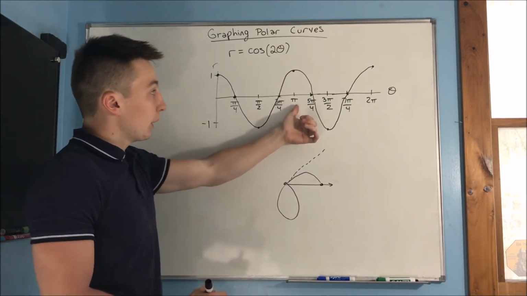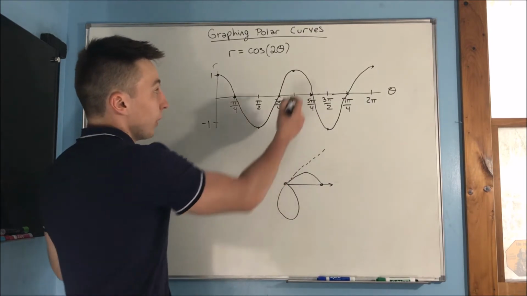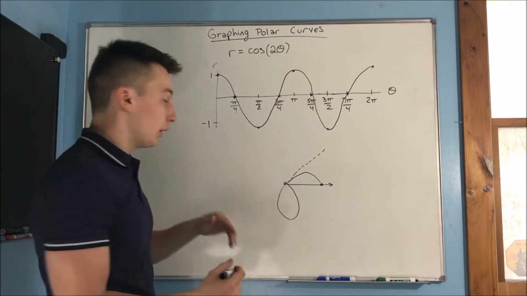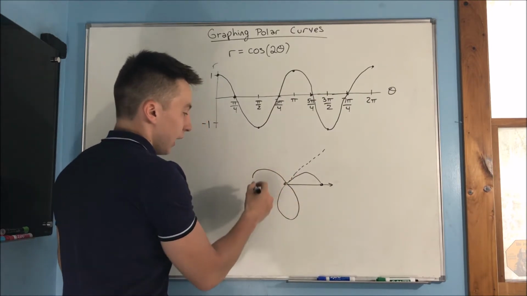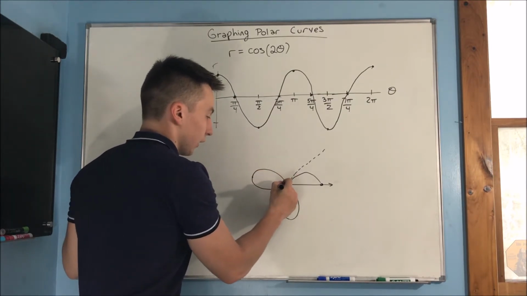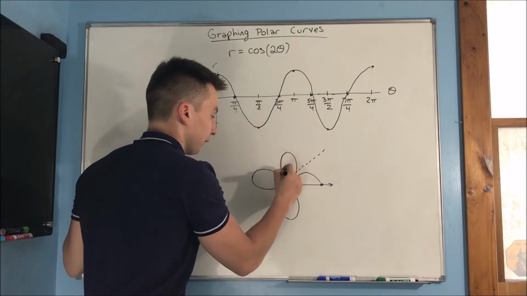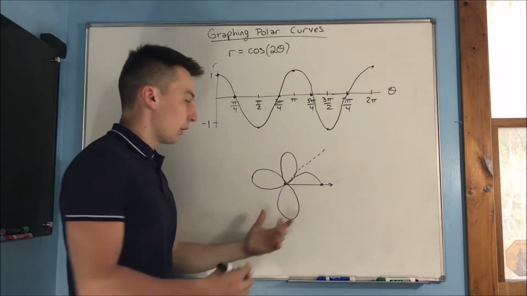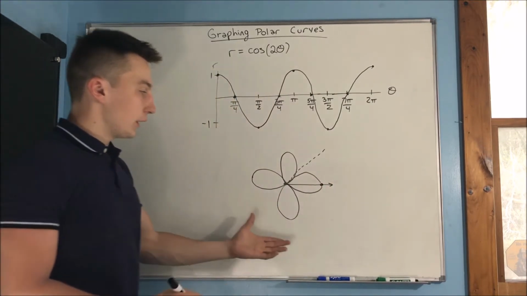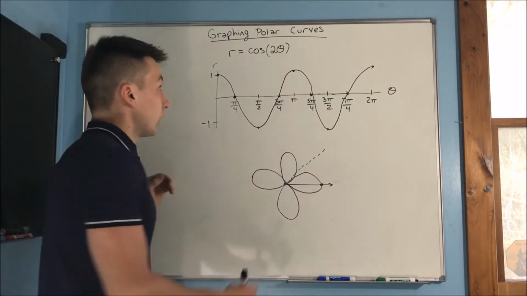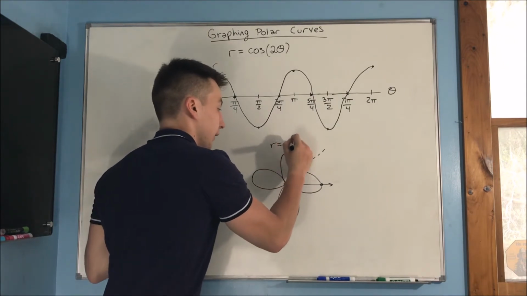As we go to pi, we're getting into the positives, we're going to 1. It's going to look like this. And you can just finish off this curve right here. You see what's happening. This is a 4-leaf rose. Oh, and I got to finish there. So there you see your graph of r equals cosine of 2 theta.